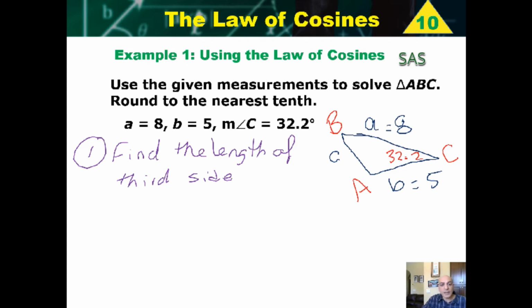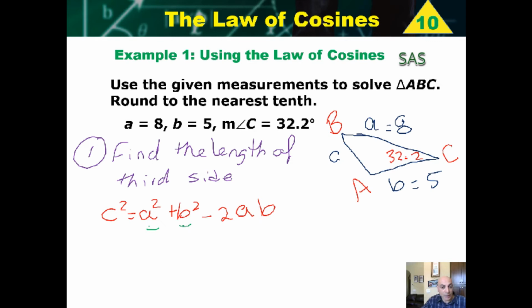So I'm going to start by saying c squared equals the other two sides, a squared plus b squared. If you guys remember, it's minus 2, and then you have to repeat these two guys again. These two are repeated, this one and this one. So you're basically repeating these, saying that you have an a and a b, and the cosine of the angle between them.